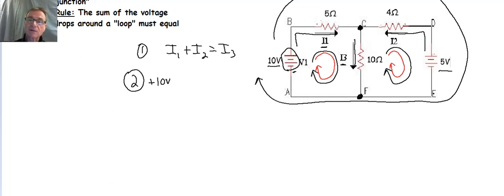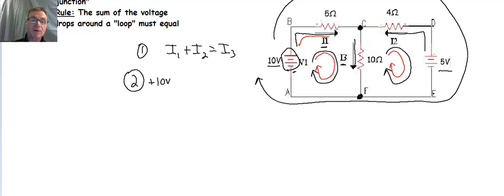Now I'm going to trace around the circuit. I'm going from my battery, and now I get to this 5 ohm resistor. Well, what's the current direction? The current direction is in the same direction as my analysis direction. If that's the case, then the 5 ohm resistor will be a voltage drop. What's that voltage drop going to be?